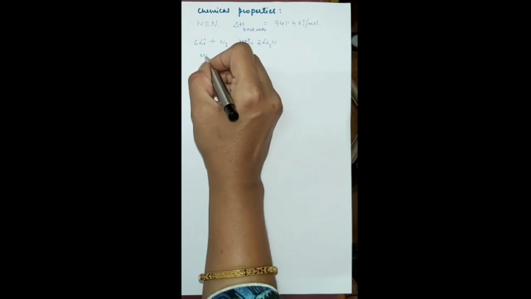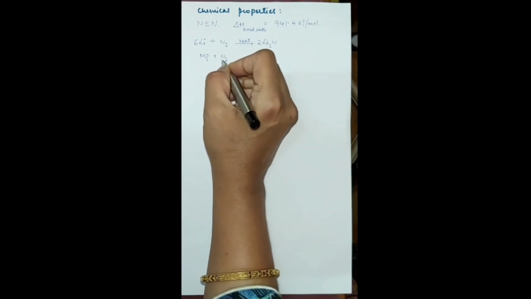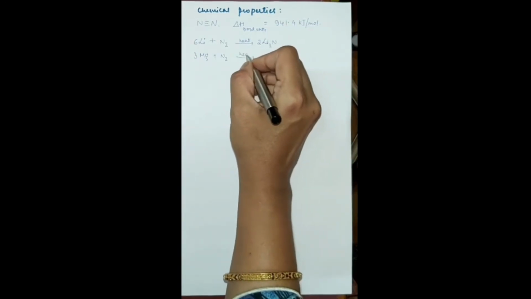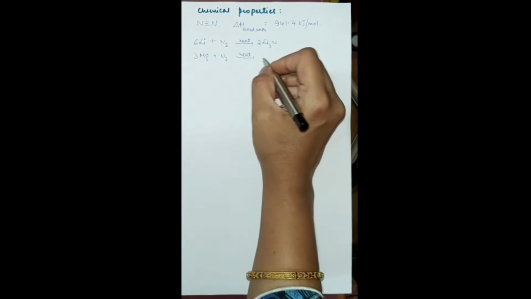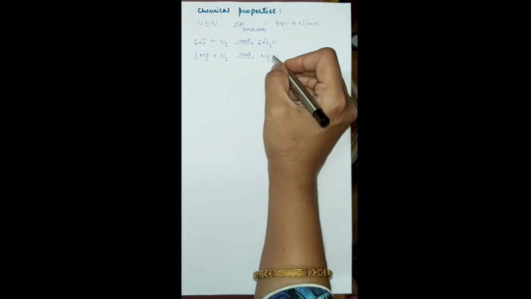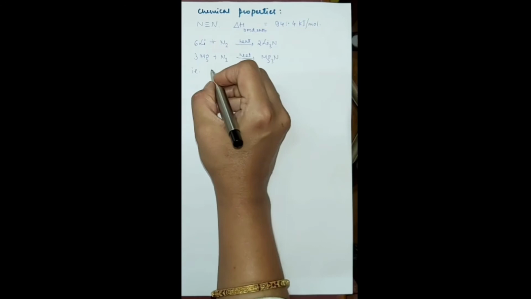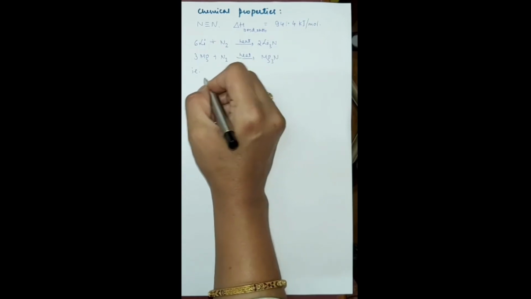Similarly, nitrogen with magnesium forms magnesium nitride. That is, the metal nitrides are the products.